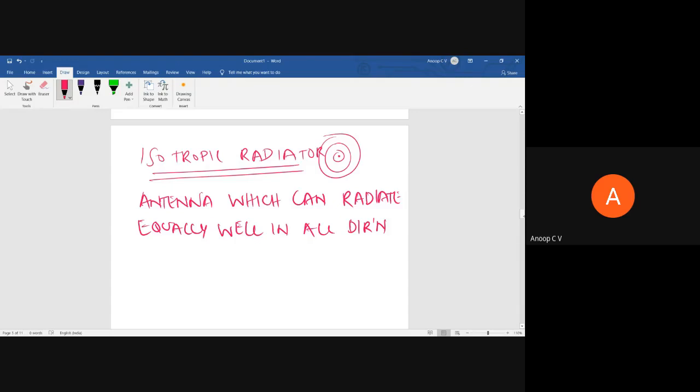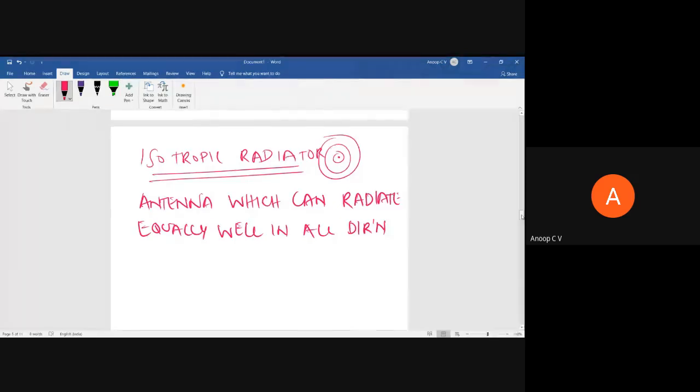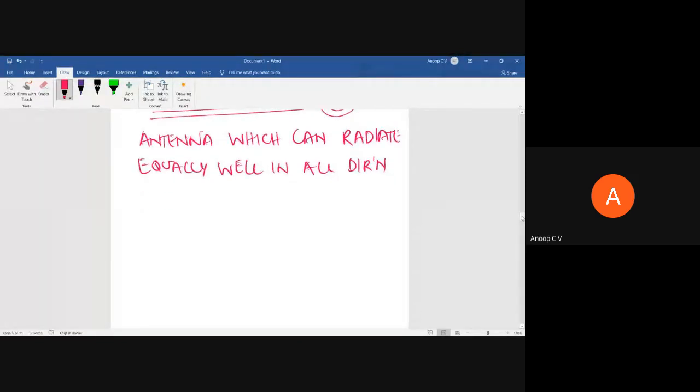So what will be the radiation pattern of an isotropic radiator? For that, you should place the isotropic radiator at the origin, and you have to measure at each and every point on a sphere what is the received power or field intensity. Can anyone tell me what will be the radiation pattern?